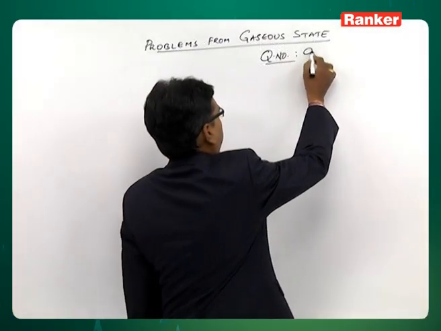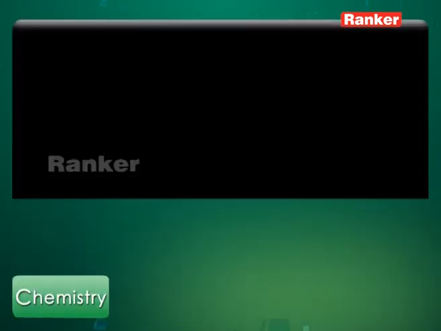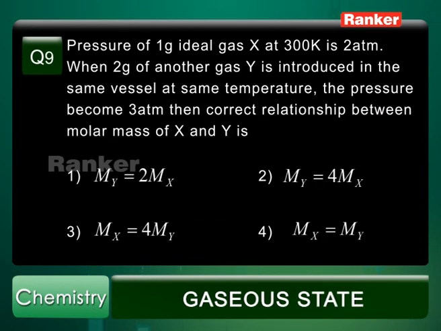Now, let us go to question number 9. The pressure of 1 gram of an ideal gas X at 300 Kelvin is 2 atmosphere.